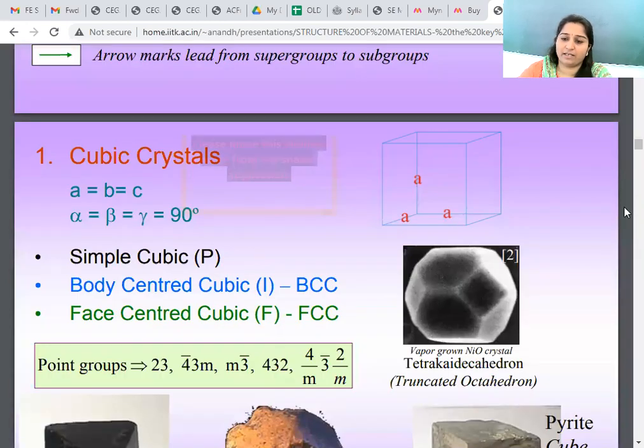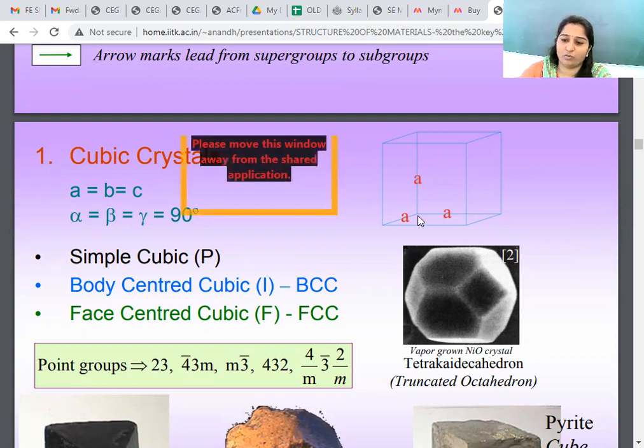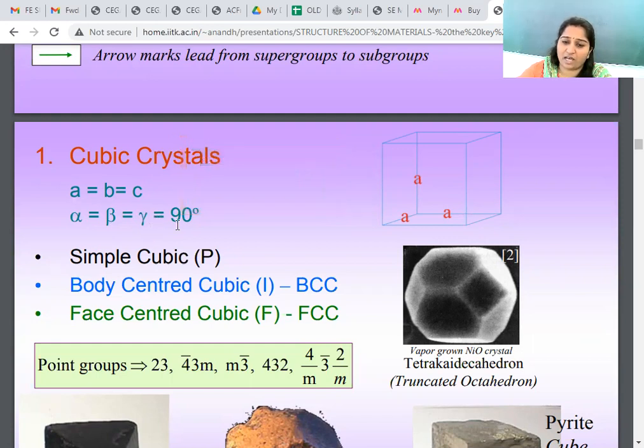In the cubic structure, there are three parameters of the cube, A, B and C, meaning length, height and width. Here A is equal to B, B is equal to C, and the lattice angles between A and B, B and C, and A and C are alpha, beta and gamma respectively. Those are always 90 degrees. So it is called a cubic structure.